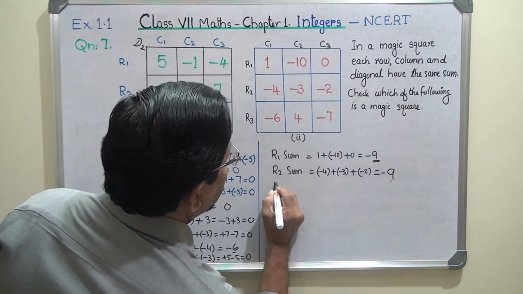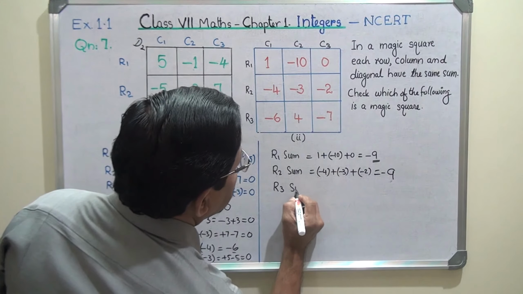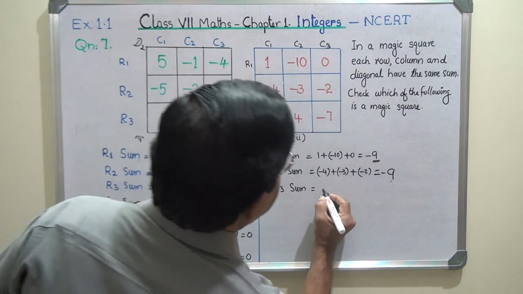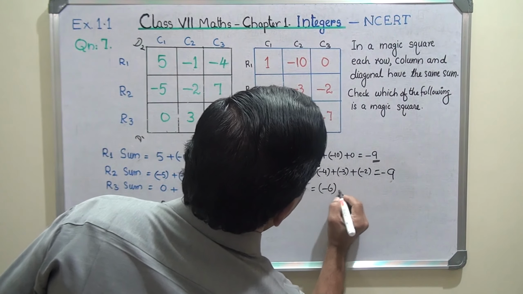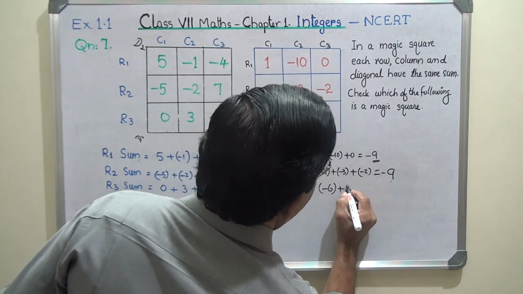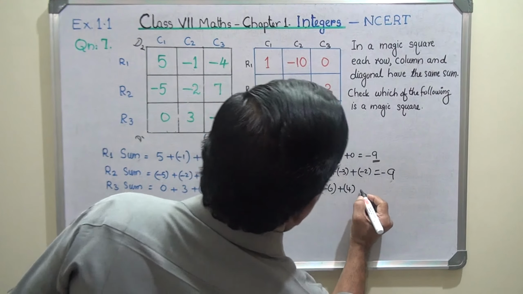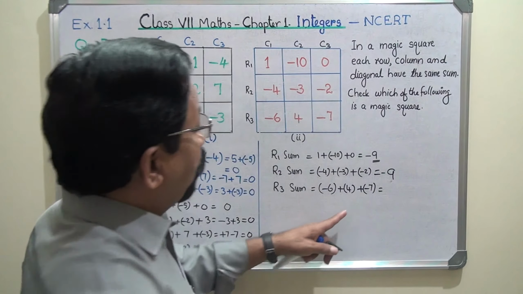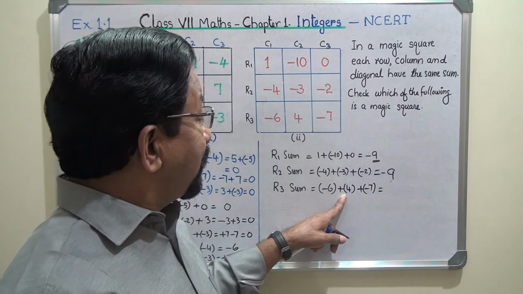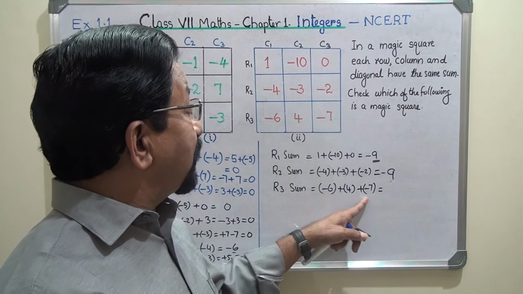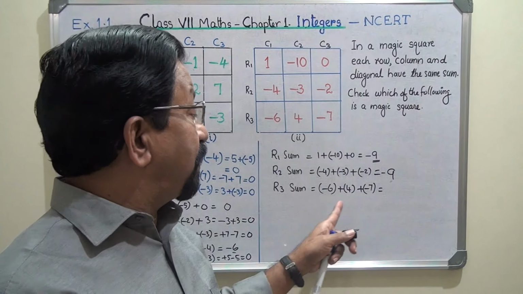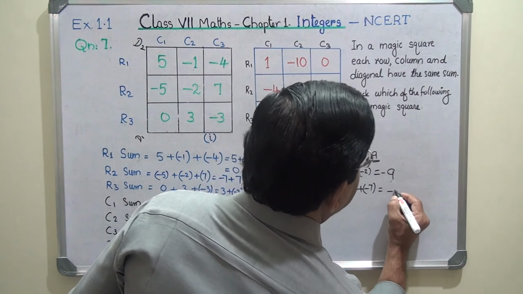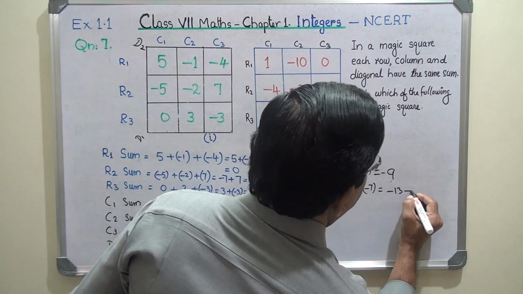R3 sum equals minus 6 plus 4 plus minus 7. One positive integer, two negative integers. The sum of two negative integers will be a negative integer: minus 6 plus minus 7 is equal to minus 13, plus 4.